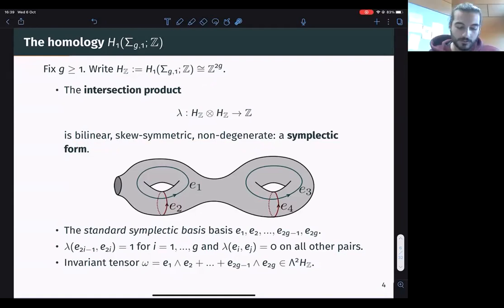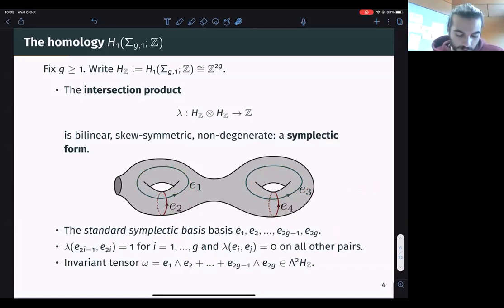Throughout this talk, this is how I will be calling the standard curves. Maybe the letter will change from e to something else, but I will be calling them e_1, e_2, e_3, e_4, etc. This is the standard symplectic basis.